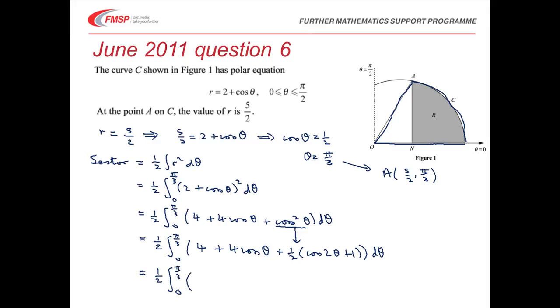So there's going to be 4 plus 1/2, which is 9/2. There's 4 cos theta, and when I've expanded the bracket, there's going to be 1/2 of cos 2 theta as well. And the double angle cos 2 theta we will be able to integrate.